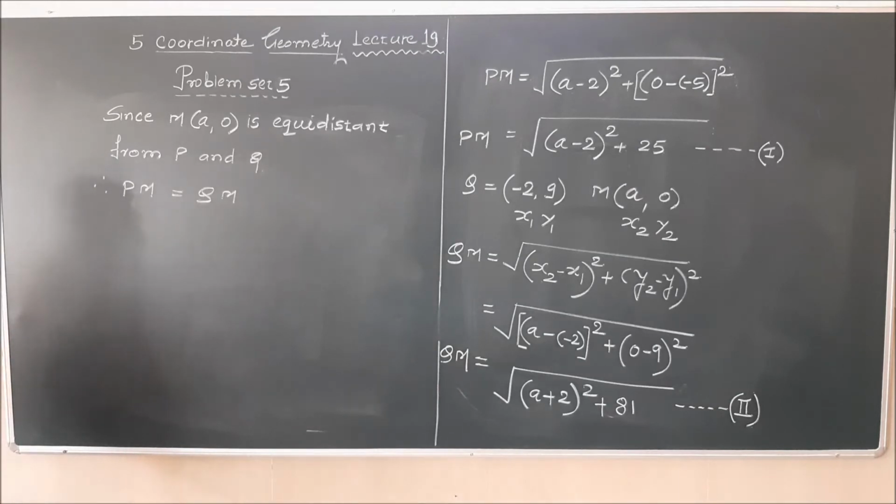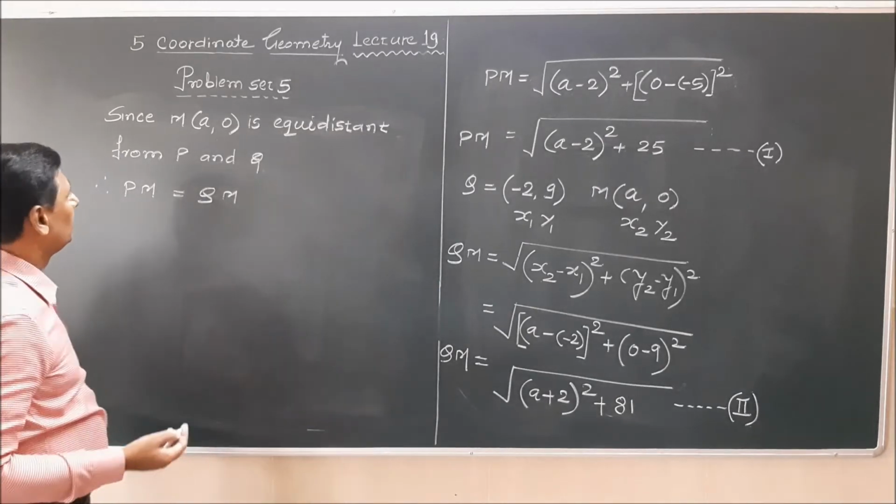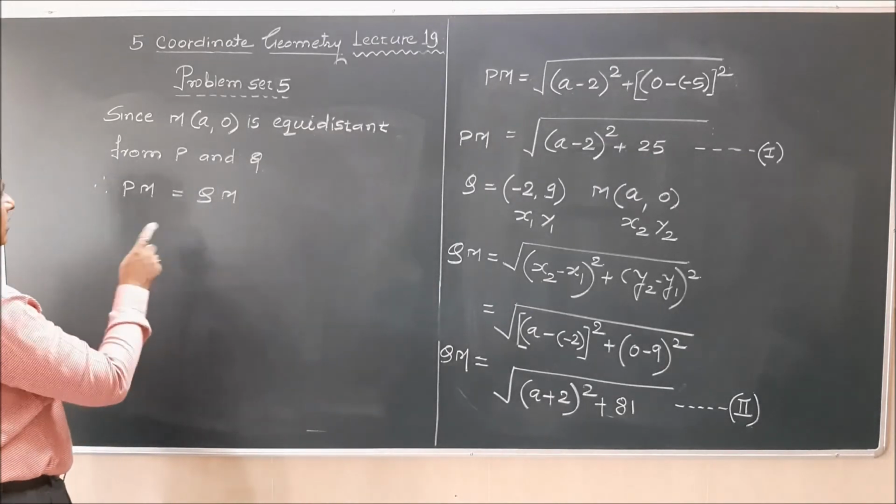It is given that point M lies on x-axis, but which is equidistant from P and Q. So PM is equal to QM.